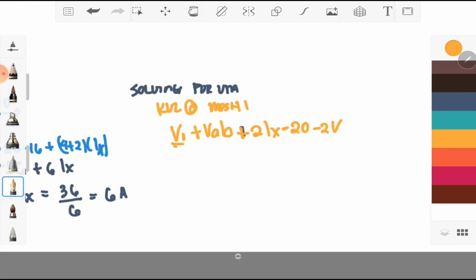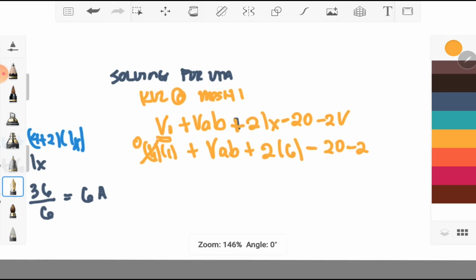Take note that our V1 is equal to I1 multiplied by 1. But our I1 is equal to 0. So therefore that is 0. Plus VAB plus 2 times IX, where our IX is equal to 6 ampere, minus 20 minus 2 volts. So we will remove the units first so we won't be confused. Take note that your 2 ohm multiplied by IX is also volts.